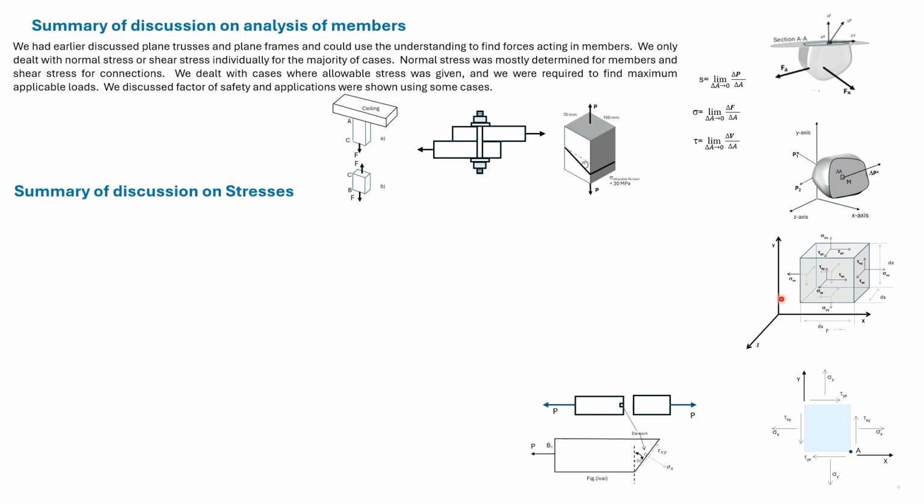In many cases, the stresses associated with the Z coordinate are 0. Then we can represent stresses using this square two-dimensional element. It can be shown that tau xy is equal in magnitude to tau yx.